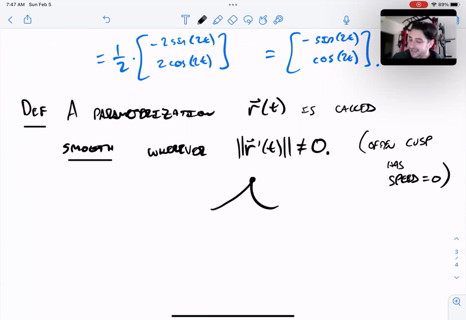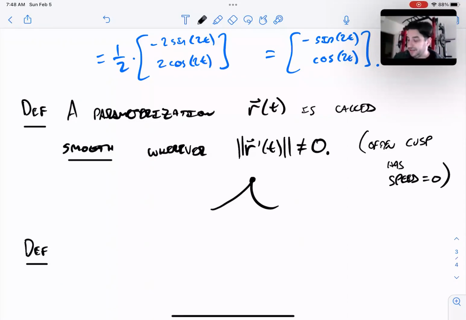So that's a related definition. Most of the time in practice working with these, it doesn't come up a lot, but sometimes you need to be careful about smoothness, especially just in the statement of a theorem. So that we won't focus on too much, but it's a good word to keep in mind.